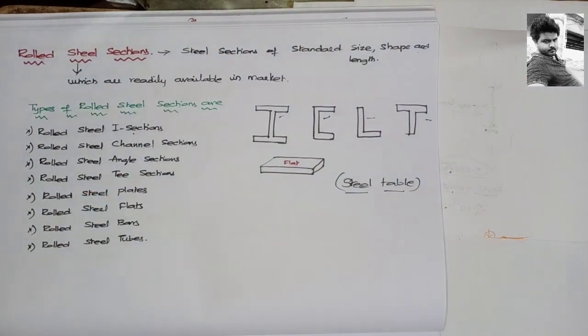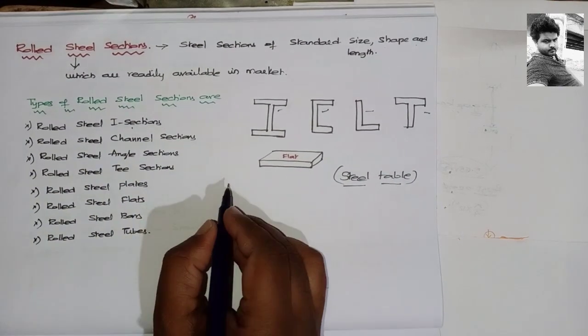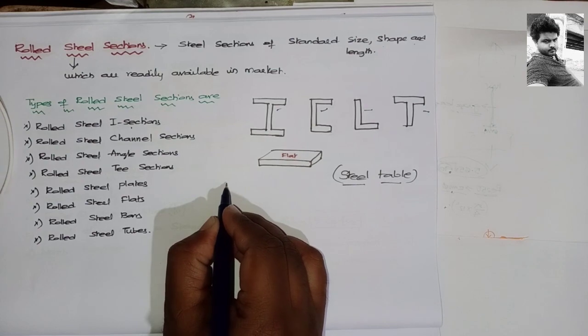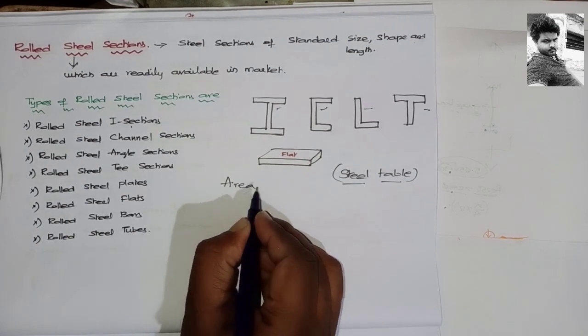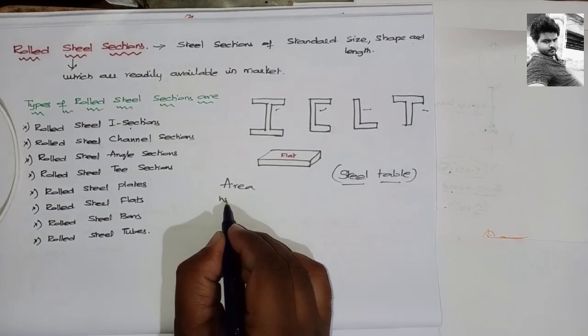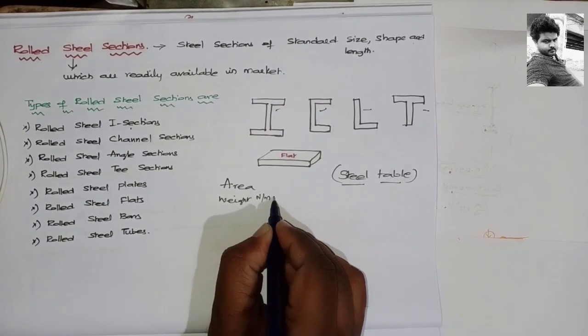Now what will be available in the steel table, I am writing here again. First you will have area. Next, weight, in Newton per meter or kg per meter.